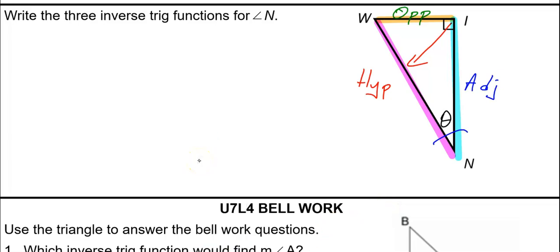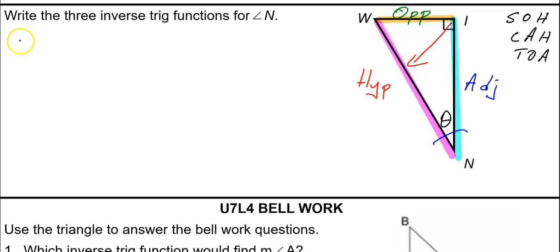Okay. I don't have the list in front of me anymore that I did on the previous page. So you know what? Let's remind ourselves. SOH CAH TOA. So that'll help us remember how to write our functions. Alrighty.